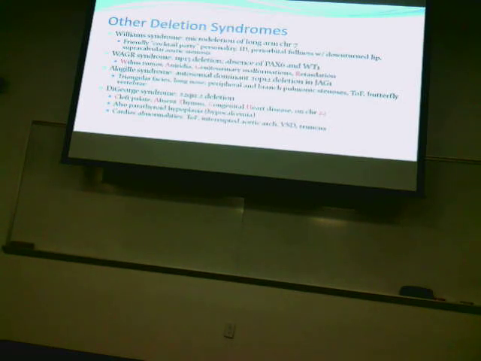DiGeorge syndrome is another deletion syndrome in 22q11, and this is our famous mnemonic from all the way back in med school in Step 1. It's our CATCH-22, and that's going to be cleft palate, absent thymus, congenital heart disease, and it's on chromosome 22. So that spells out CATCH-22.